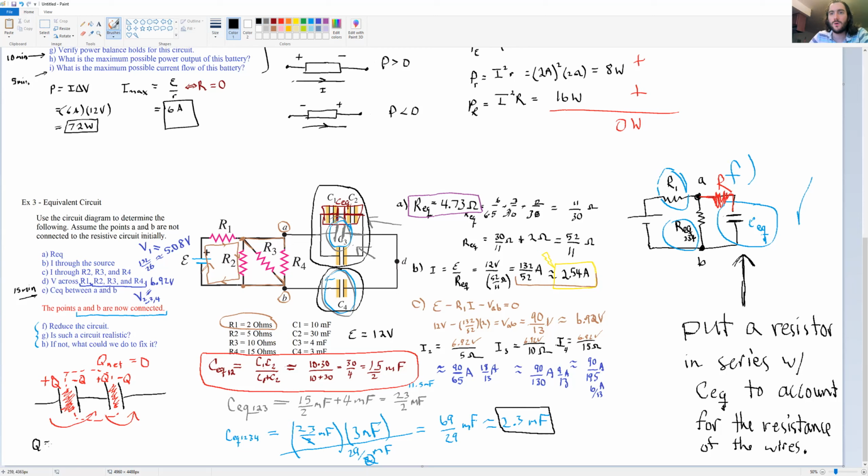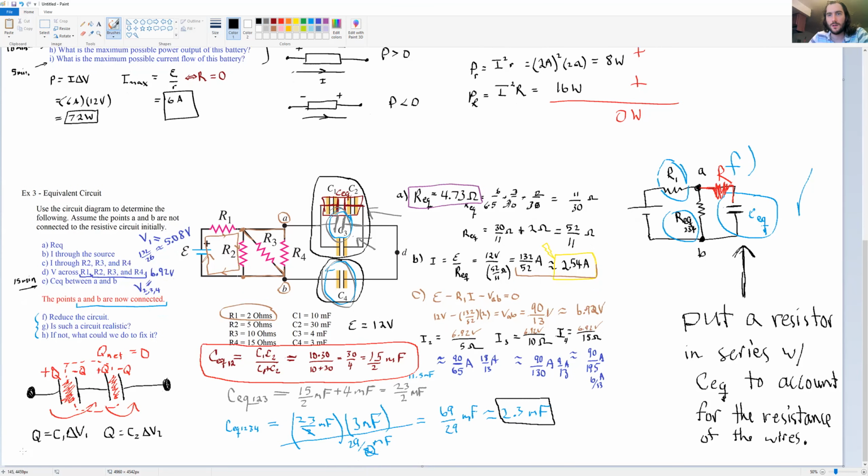So Q equals C1 times delta V1, and Q equals C2 times delta V2. And the net voltage from here to here is delta V1 plus delta V2. So delta V is equal to delta V1 plus delta V2.